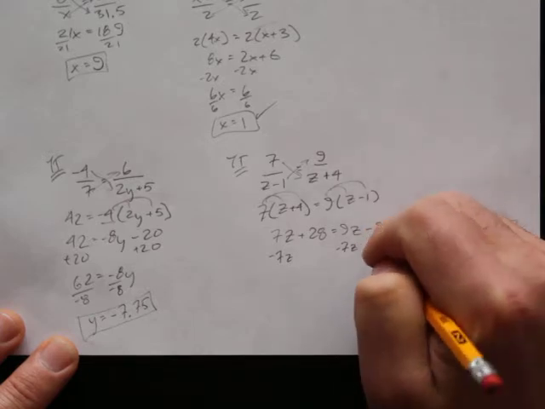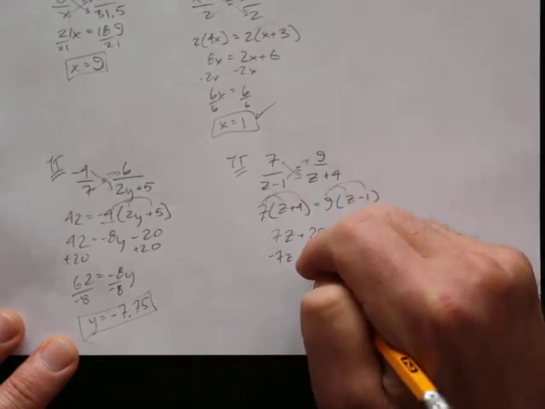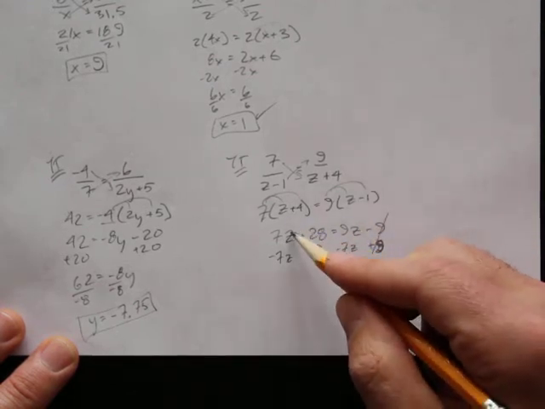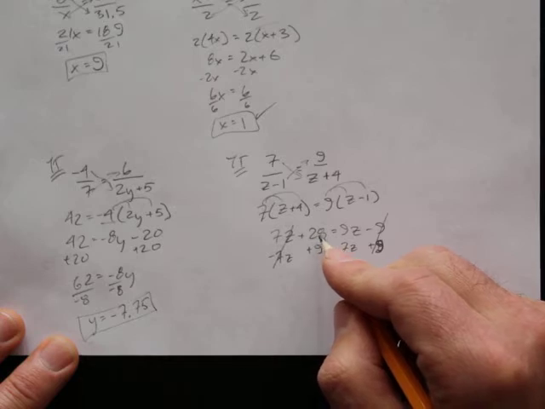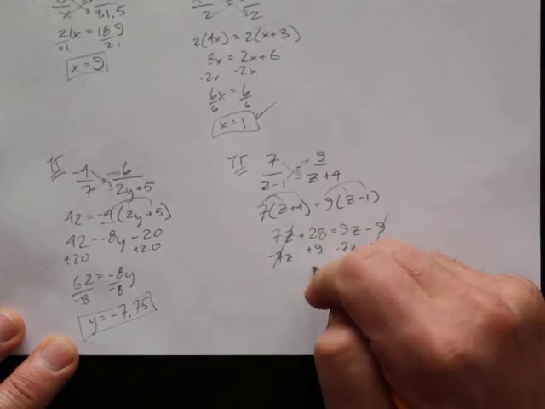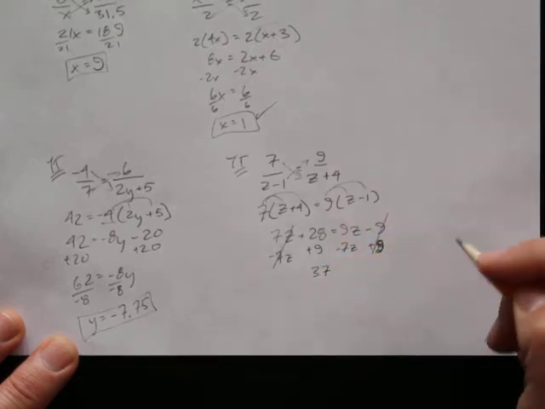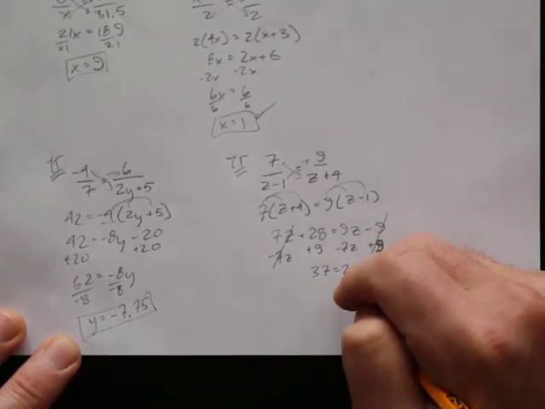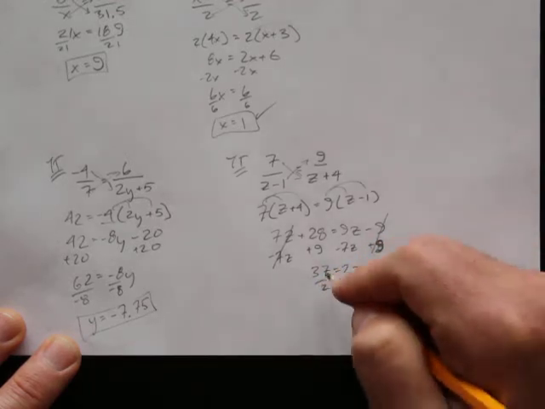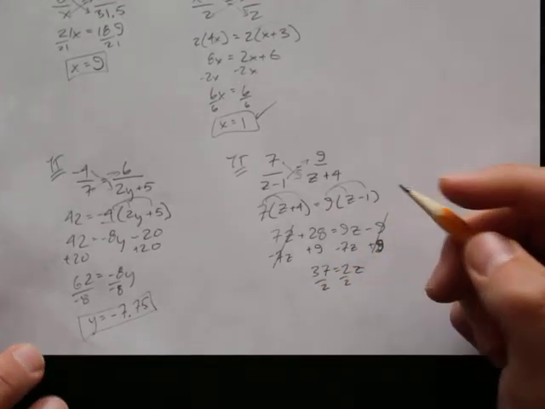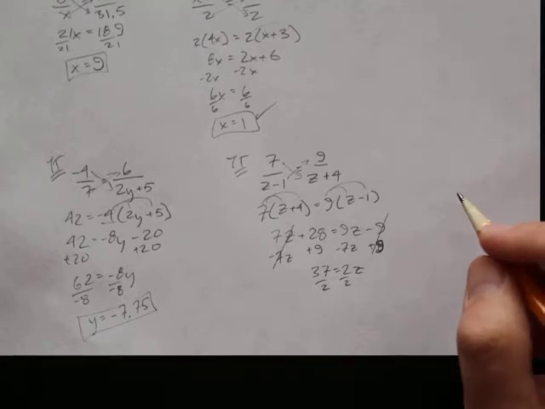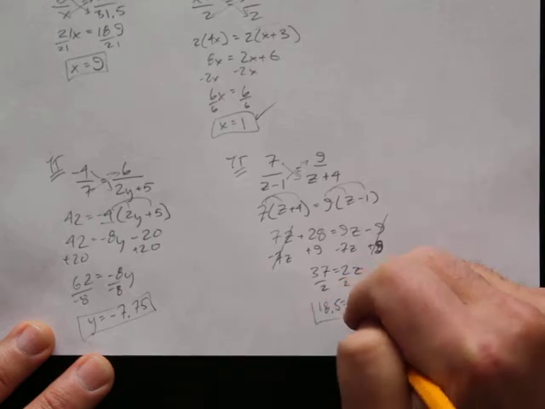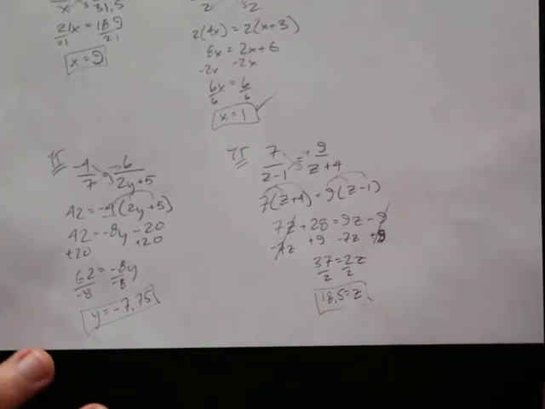Maybe I can't do two things at one time. Add 9 to both sides too. So I get rid of this negative 9 and this 7z. 9 plus 28 is 37 equals 2z. Now I divide by 2. 37 divided by 2 is 18.5, so 18.5 equals z.